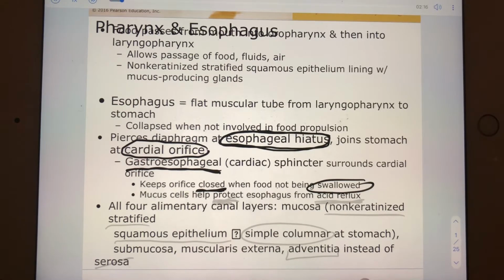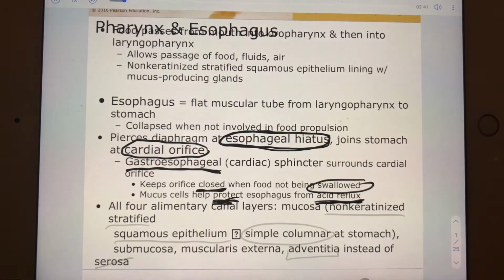We do secrete mucus into the lumen of the esophagus just to ensure that we have lubrication, smooth ride, if you will, but also to protect the esophagus from any reflux of stomach acid.